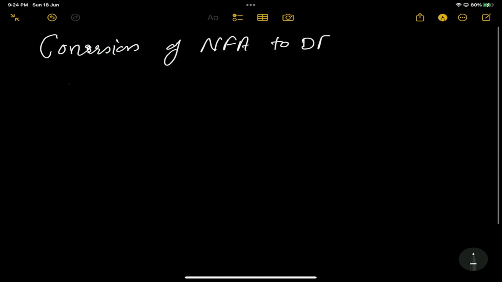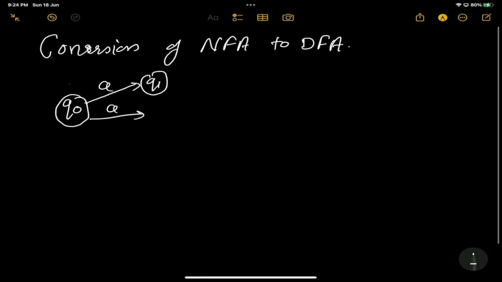Hello friends, I am going to explain conversion of NFA to DFA. Now, what is meant by NFA? A non-deterministic finite automata has more than one transition from one state to another or itself. Suppose from this Q0 state with the same input A, it goes to several possible states, Q2, Q3 or Qn, or itself also.